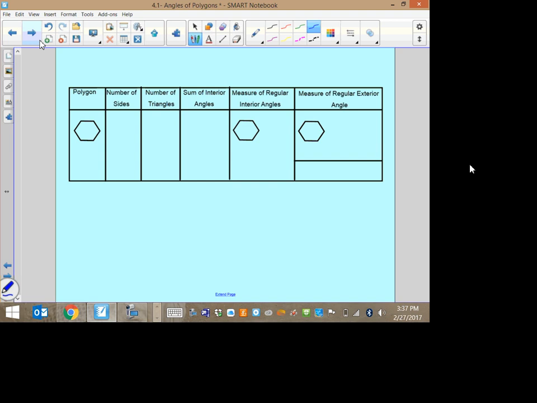Right, up to 6 sides. How many triangles do you think we're going to have here? We can cut off the ends and then split it. So we're going to have 4 triangles. The sum of the interior angles, we're going to take 180 times 4. And so that's going to give us 720.